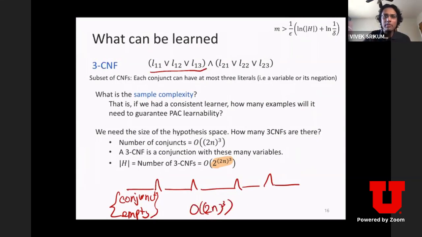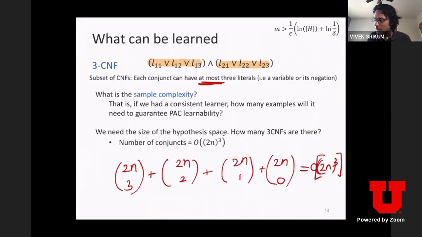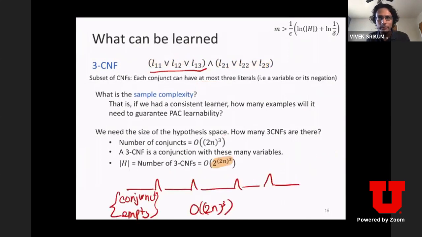We notice that I've been making rather gross approximations here. We don't care about the exact number, but this gives us all we need. So the number of 3CNFs is order of 2 power 2n cubed.